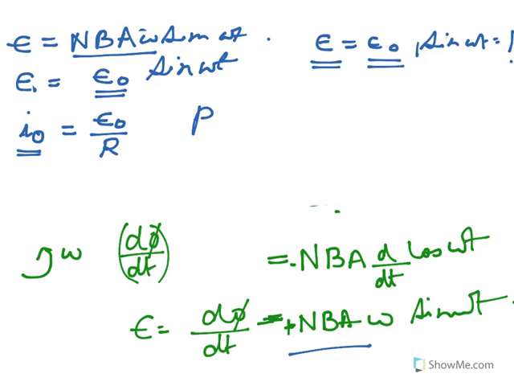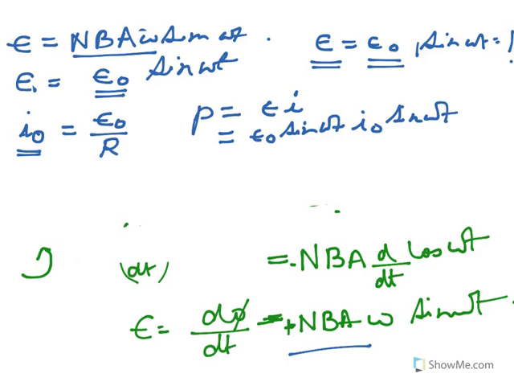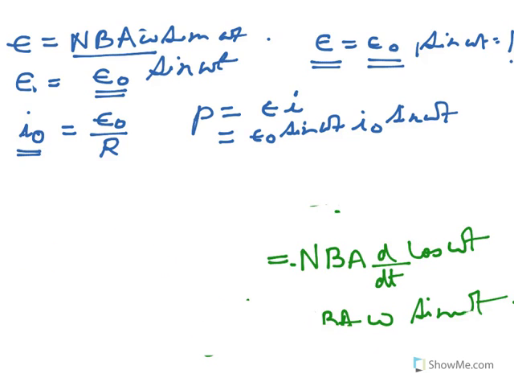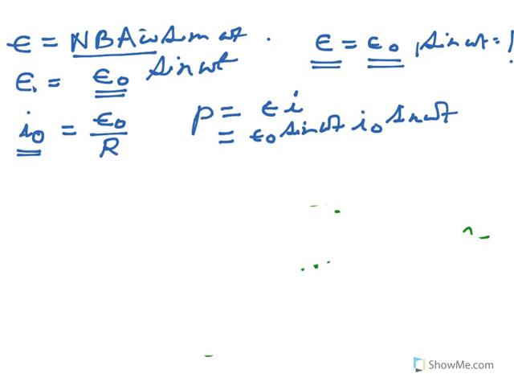So what is the power generated? Power could be written as E into I. What is E? E0 sin omega t. I can be written as I0 sin omega t. Let me delete this part so that I can write more about power.